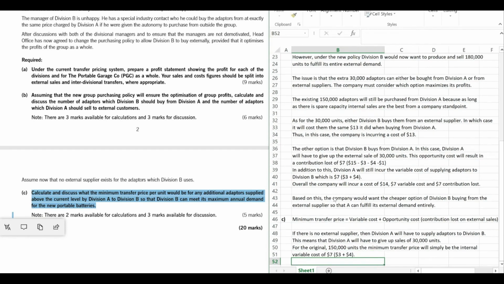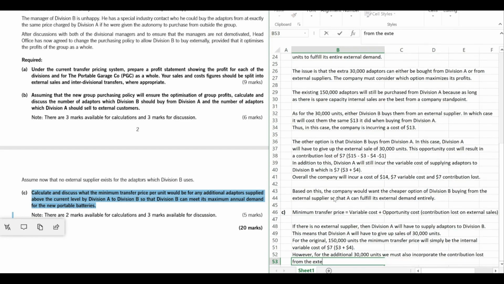However, for the additional 30,000 units, we must also incorporate the contribution lost from the external sales that division A had to forego.